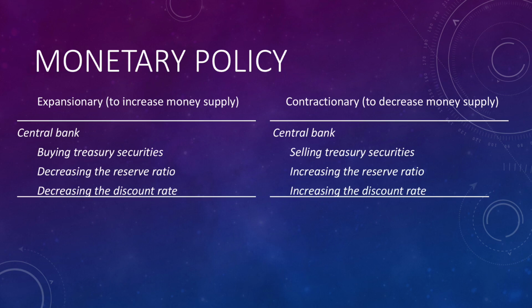Meanwhile, contractionary monetary policy has the intention of decreasing the money supply. This can be accomplished when the central bank sells treasury securities, increases the reserve ratio, and increases the discount rate.